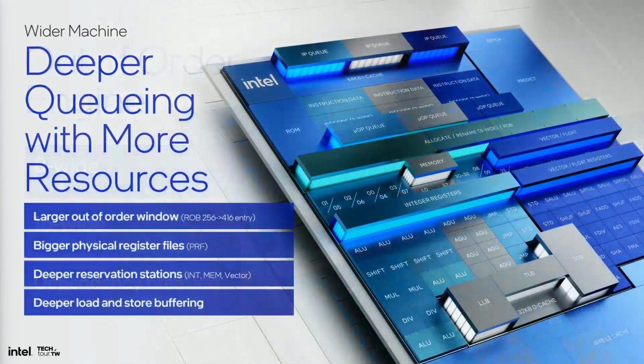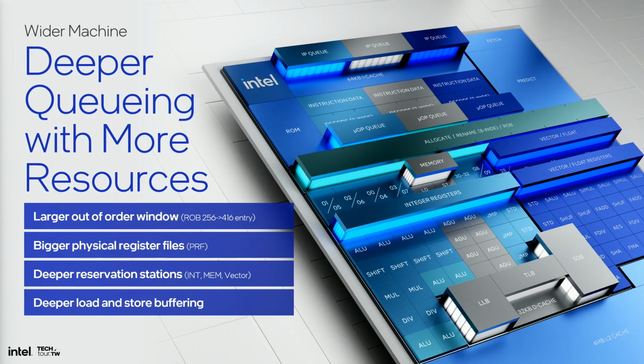So now that we have a 9-wide front end, an 8-wide allocation, and 16-wide retire, we grew the out-of-order window. If you look again at the E-core in Alder Lake and Raptor Lake, that was a 256 entry out-of-order window. Crestmont, we actually left the same. For Crestmont, we said, hey, let's add a few more resources, let's balance the machine.